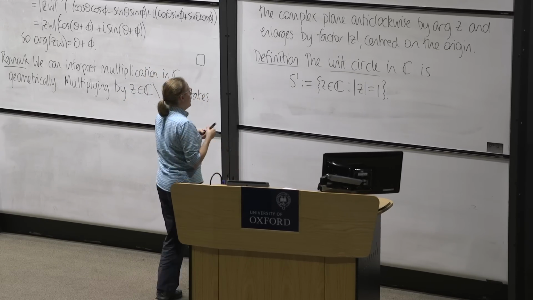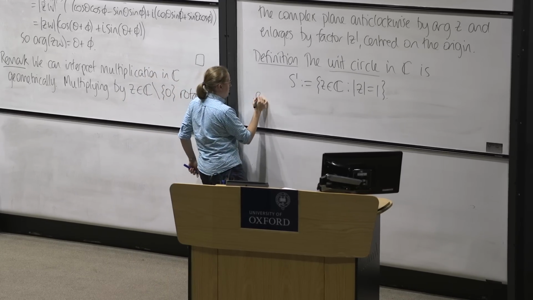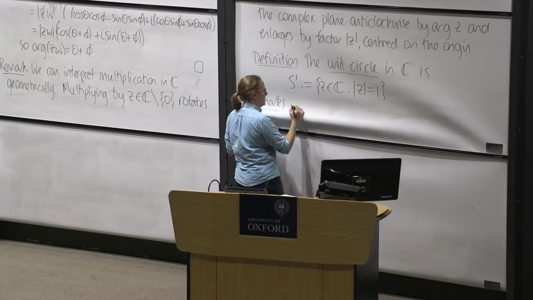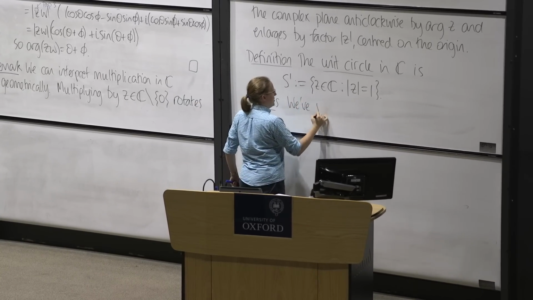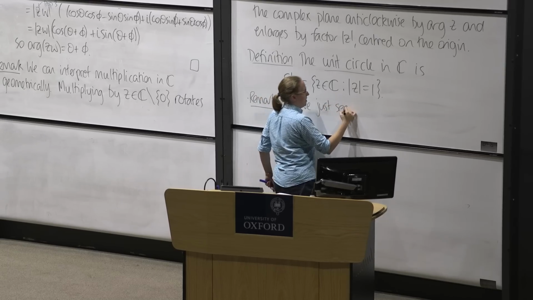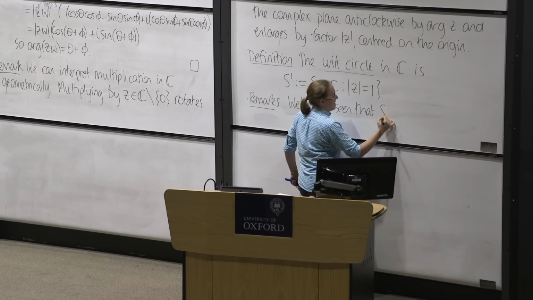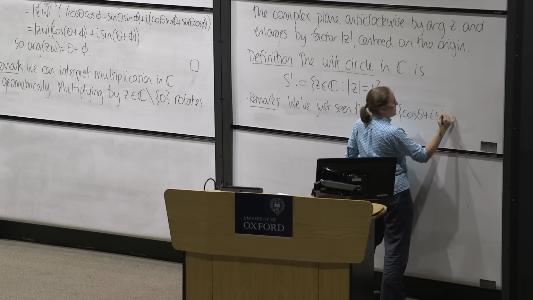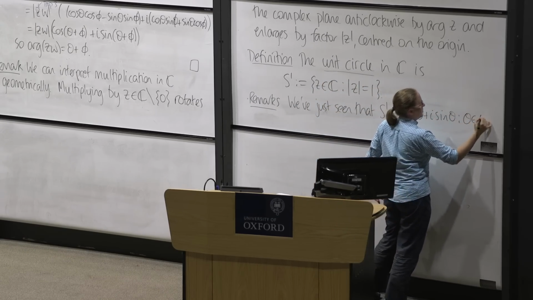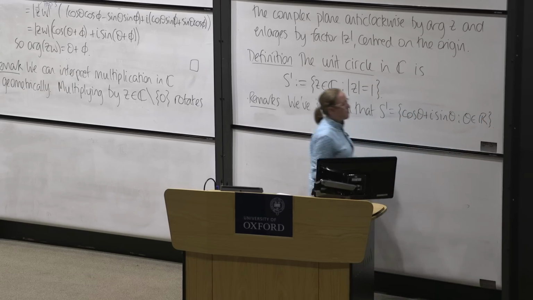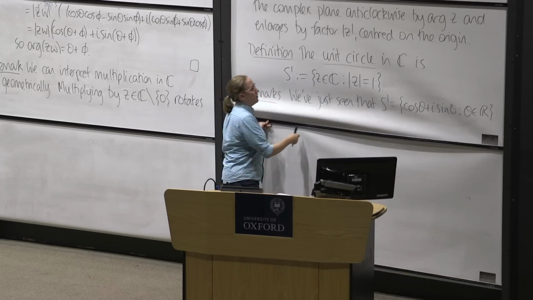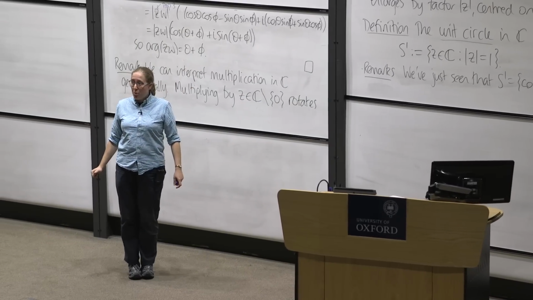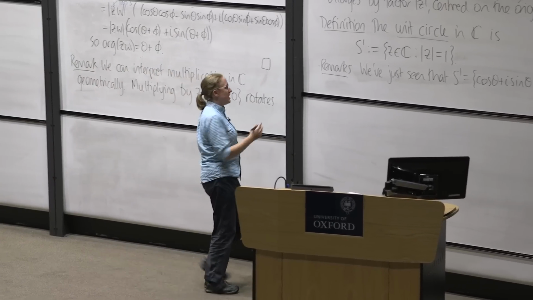And what we've just noticed is that we can write that in another way. So here are a few little remarks about the unit circle. We've just seen, essentially, that S1 is also the set of all cos theta plus i sine theta, where theta is real. So that would be another way of thinking about it. Here is an amusing and really surprisingly useful fact about numbers in the unit circle.